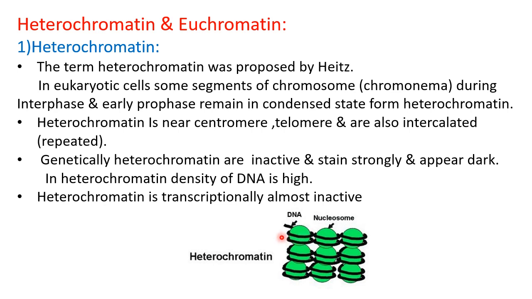Then this DNA is wrapped around the nucleosome unit. Here we can see clearly a nucleosome. So heterochromatin is condensed, means it is compact, as the nucleosome units are arranged very near to each other, and it forms a compact structure, and such structure is called heterochromatin.